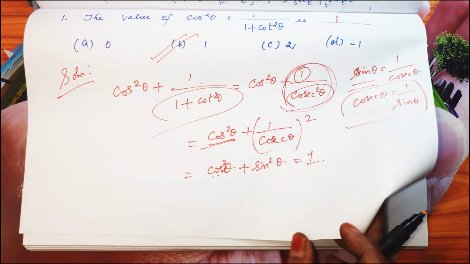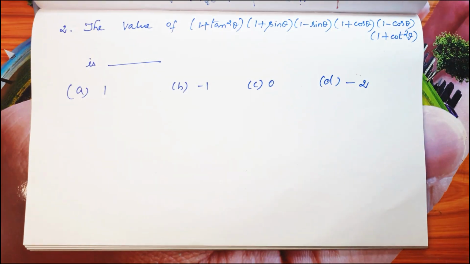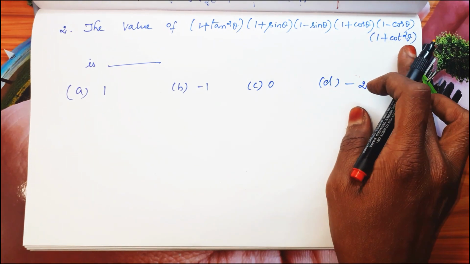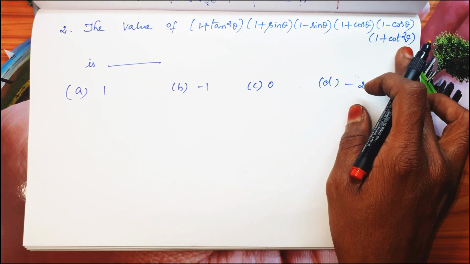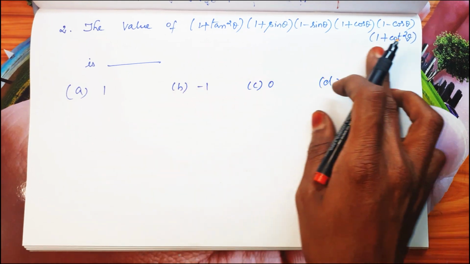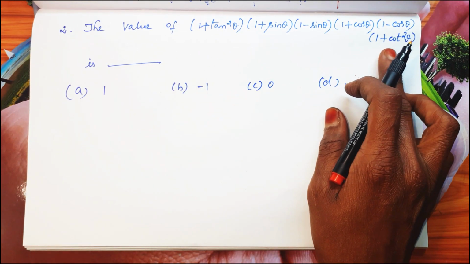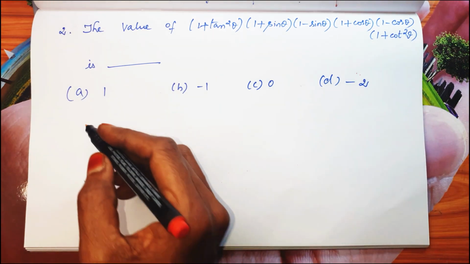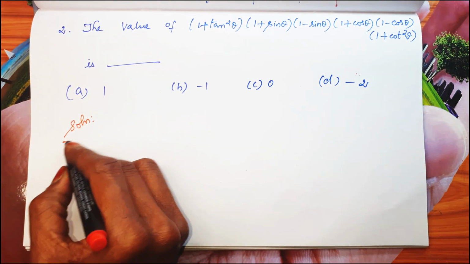Now come to the next one. The second problem given is the value of 1 plus tan square theta, 1 plus sin theta, 1 minus sin theta, 1 plus cos theta, 1 minus cos theta, 1 plus cot square theta. There is a lengthy expansion and we are going to simplify and find out what is the answer. So I am going to write what is given.